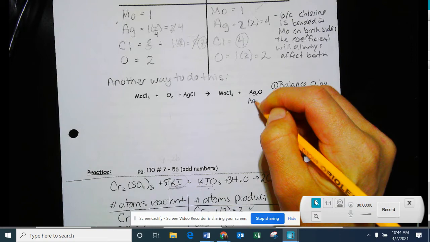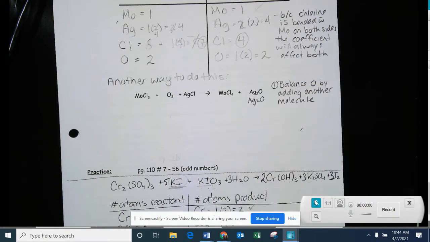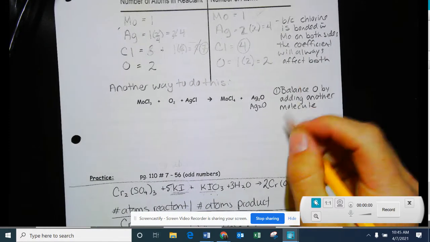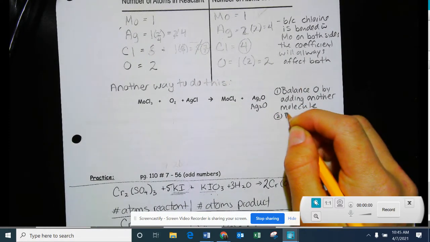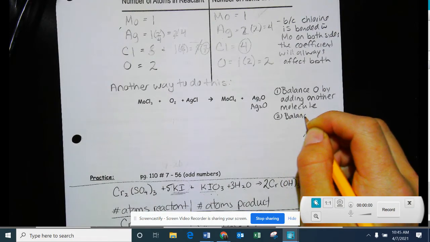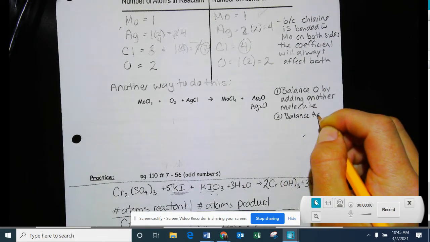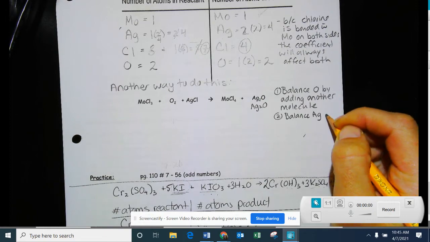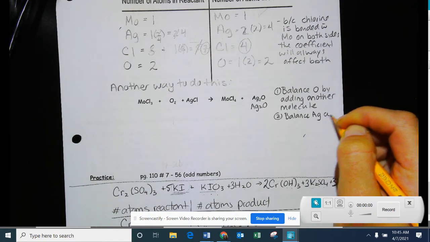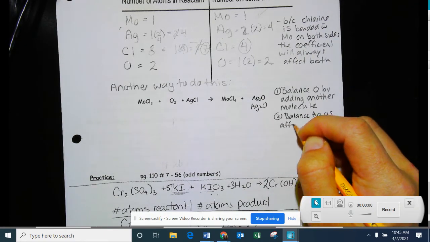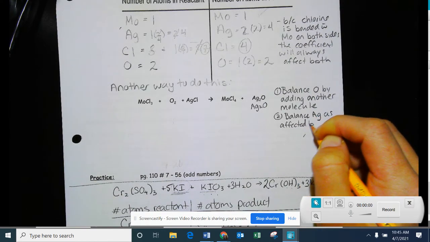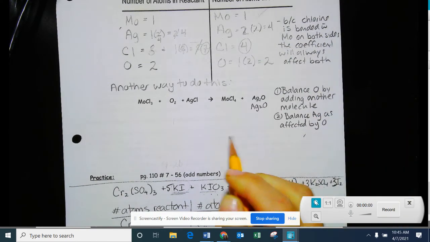So I've got to balance O by adding another molecule of silver oxide there. And then balance silver as affected by the O balancing.